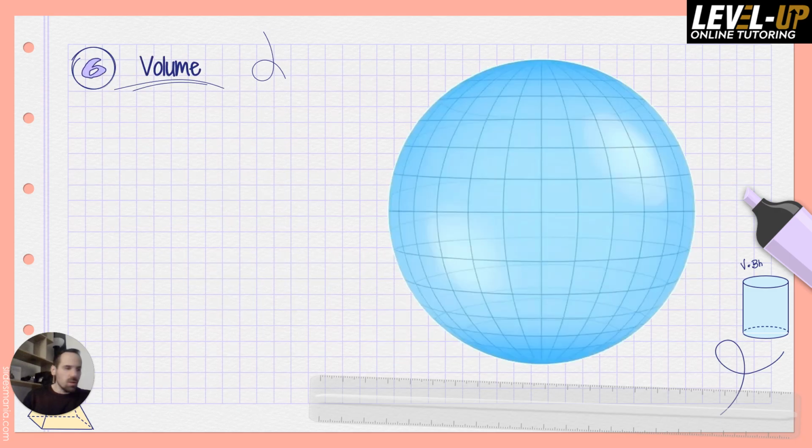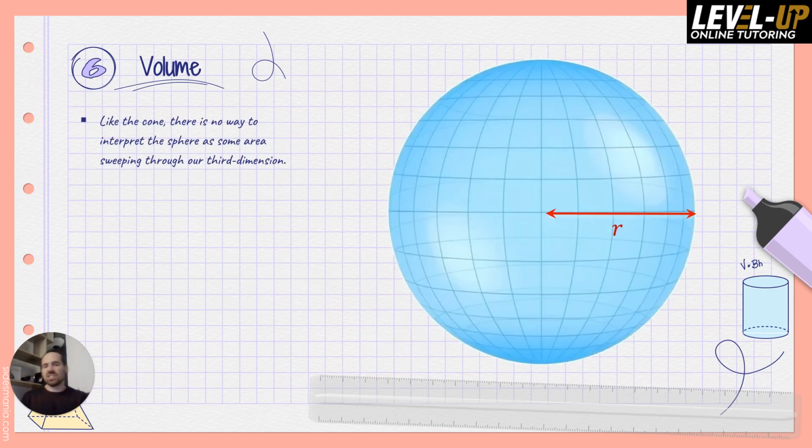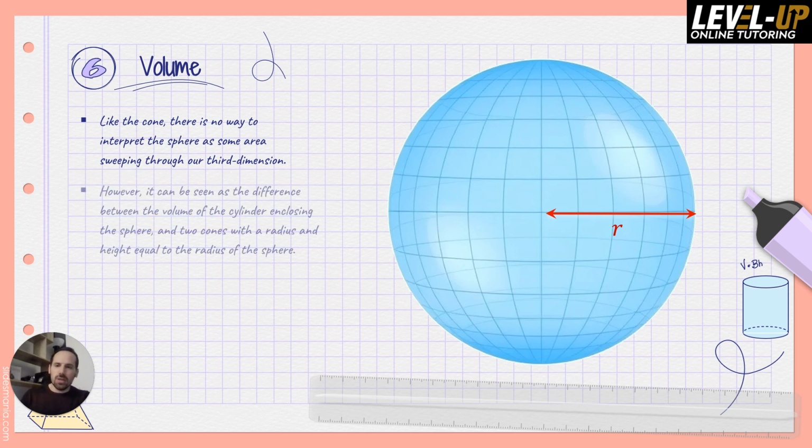So let's look at a sphere. Again, a sphere is quite a complicated shape. There's no real satisfying way I can prove the volume of a sphere at GCSE level. It can be the difference between the volume of a cylinder enclosing the sphere and two cones with a radius and height equal to the radius of the sphere.